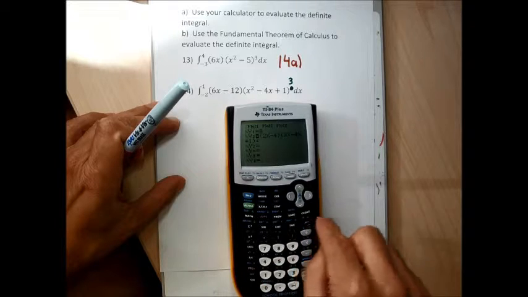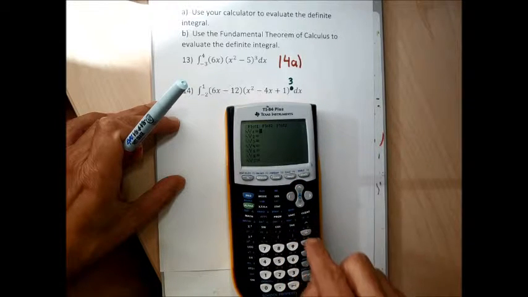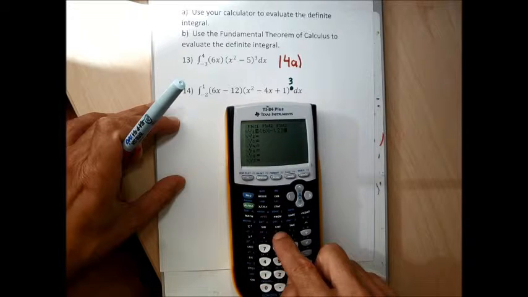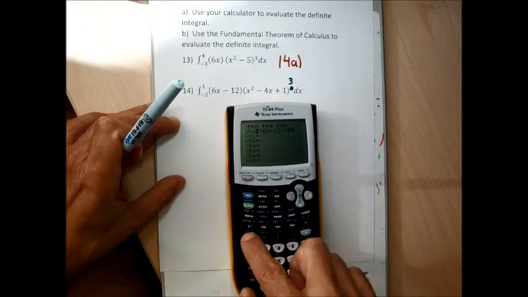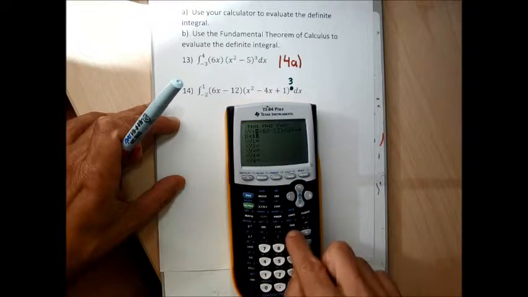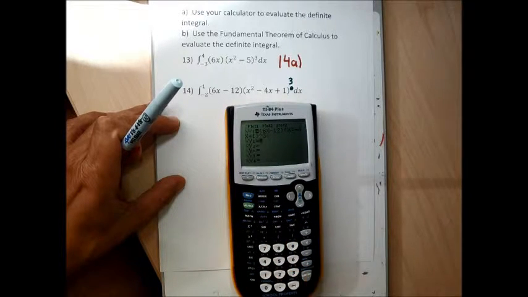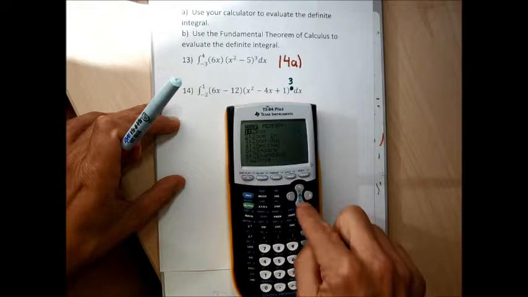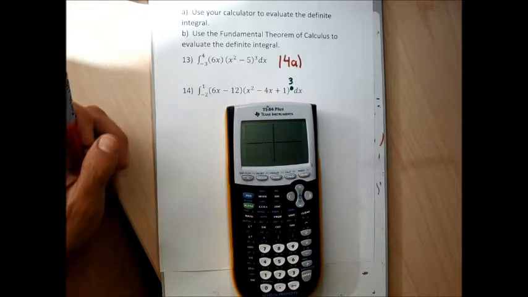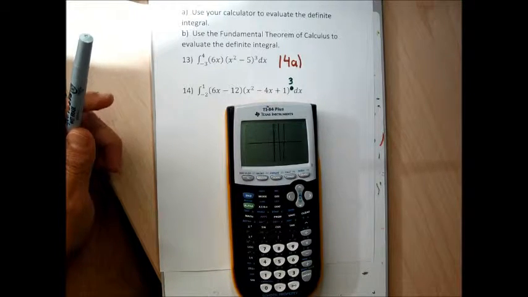So I'll go y equals clear, and then parentheses 6x minus 12 parentheses x squared minus 4x plus 1 parentheses up arrow 3. And this zoom standard, I probably could have just hit graph since I already have a standard window. And again, I'm not super concerned with what the graph looks like.